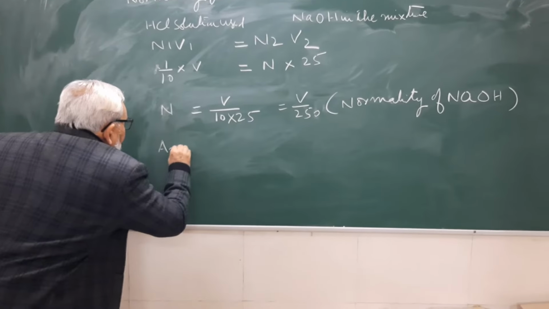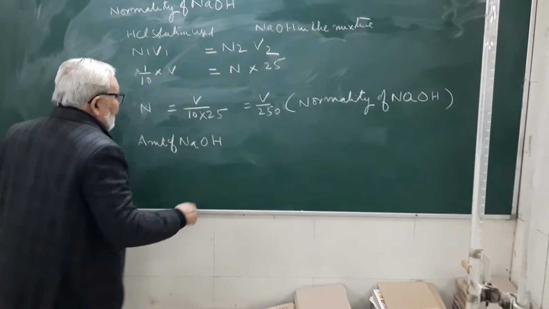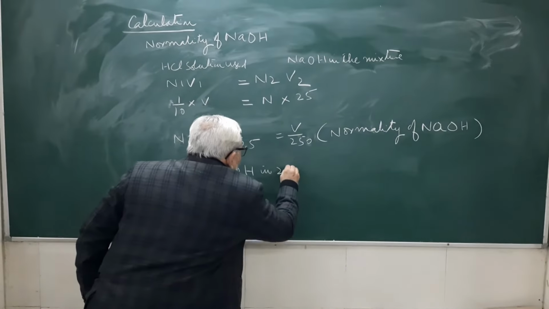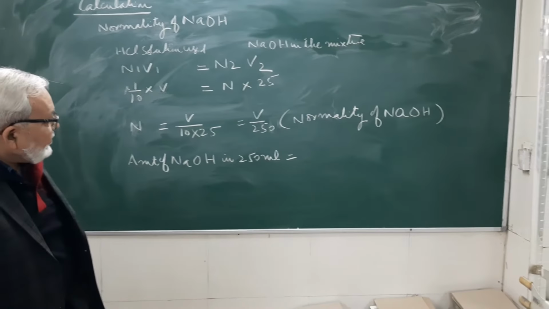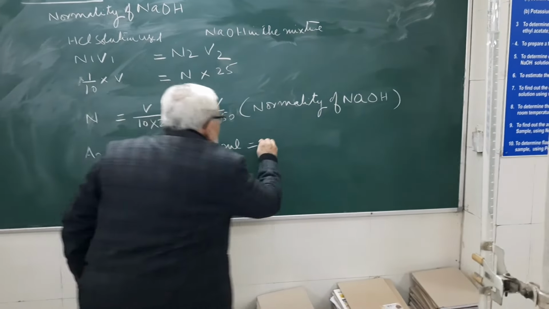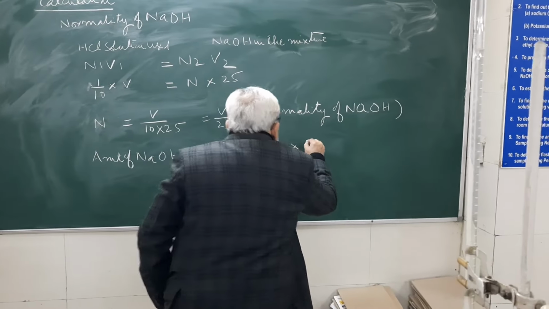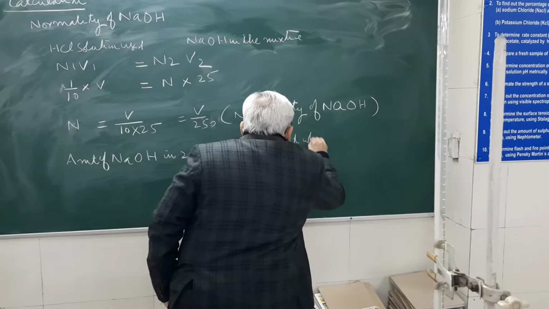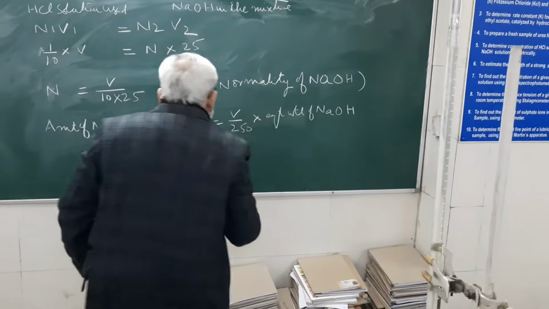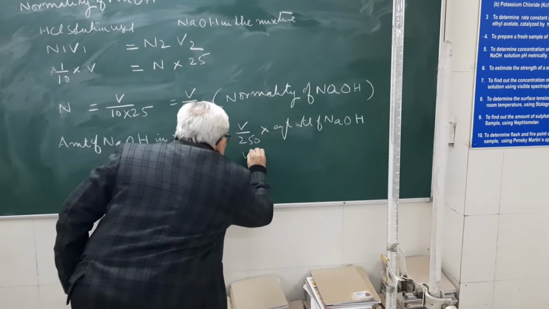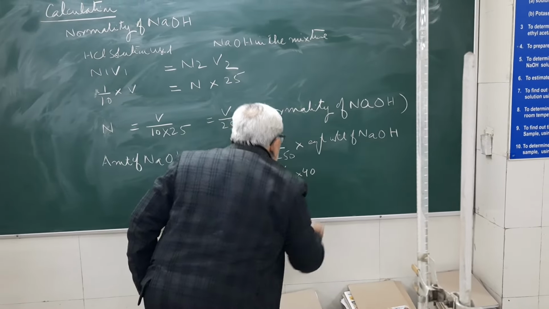So the amount of NaOH in 250 ml will be equal to V upon 250 multiplied by the equivalent weight of NaOH. This is equal to V upon 250 into 40.